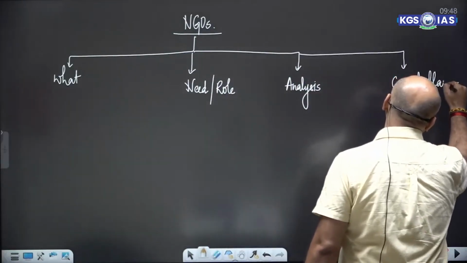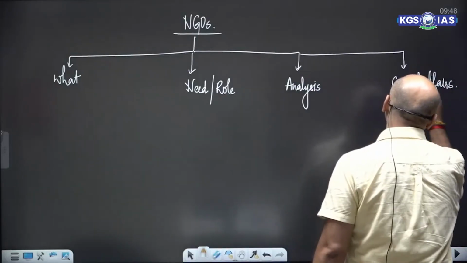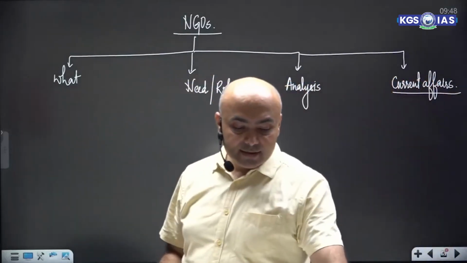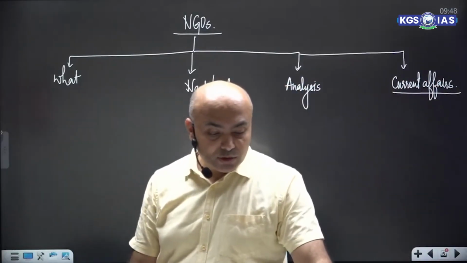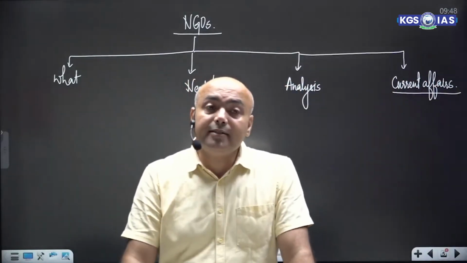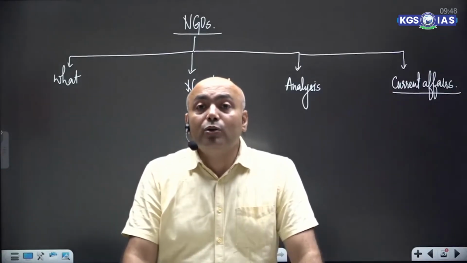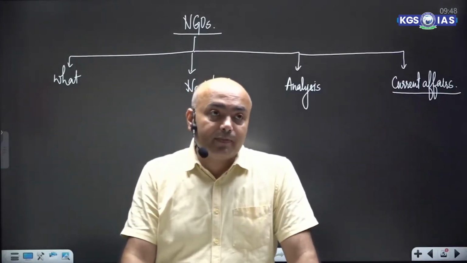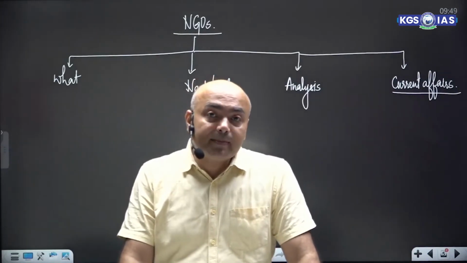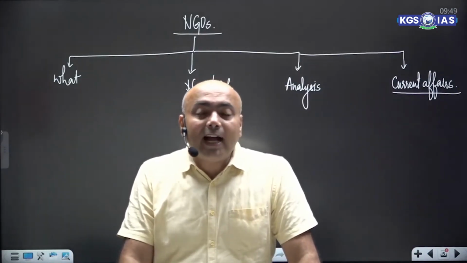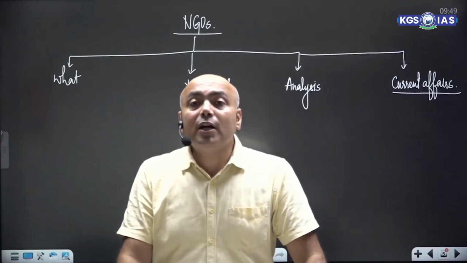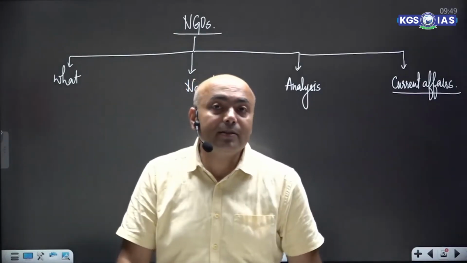These institutions, like NGOs, are almost always in the news. So we are supposed to specifically look at these institutions and see what the specific current reasons are for them being in the news.